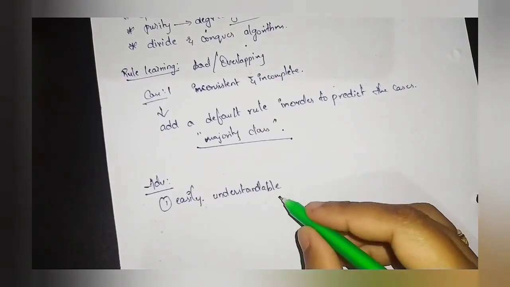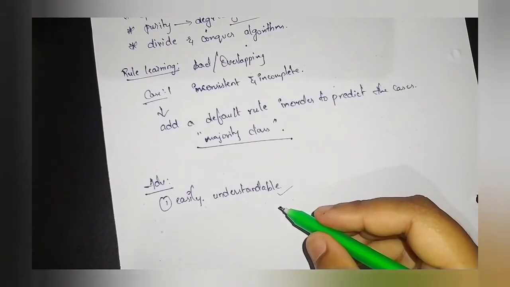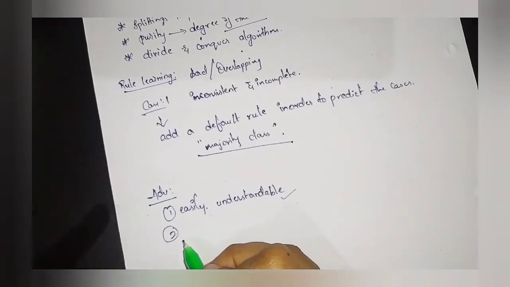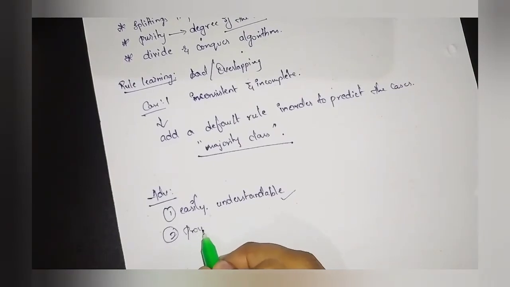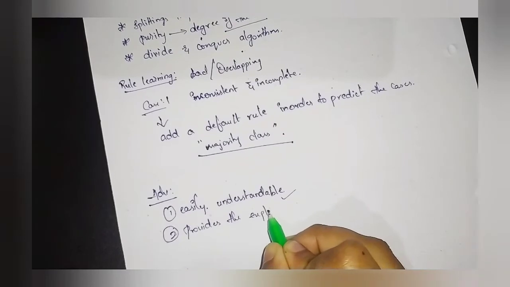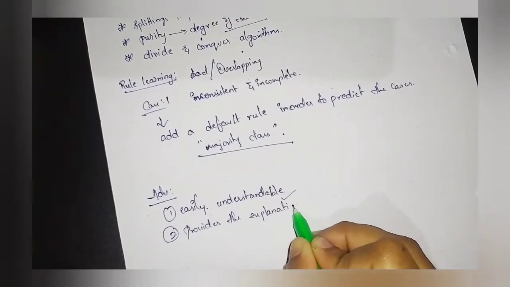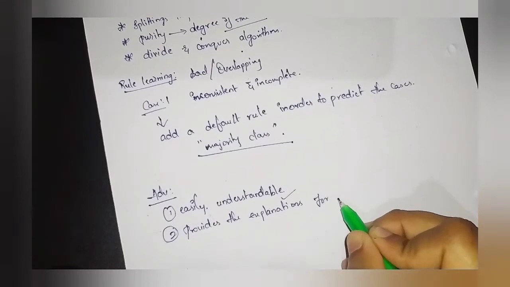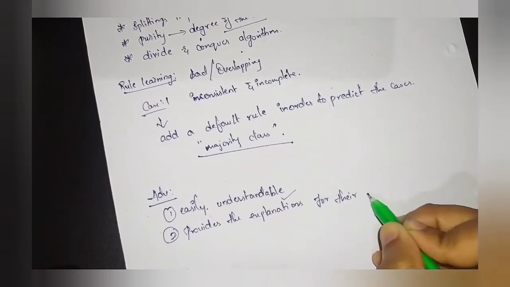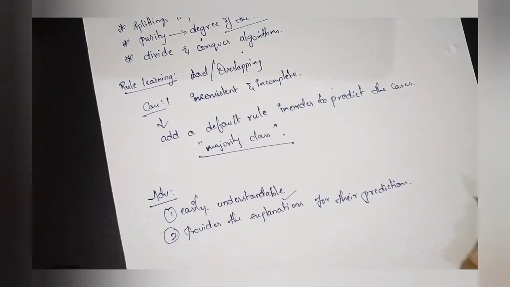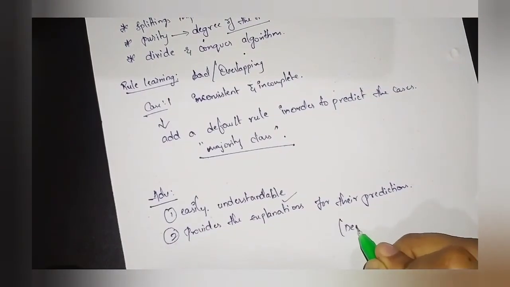That is why it is easily understandable. And why is it easily inspectable by humans? Because of our second point: it provides the explanation for its predictions, which is simply called the declarative part, right?